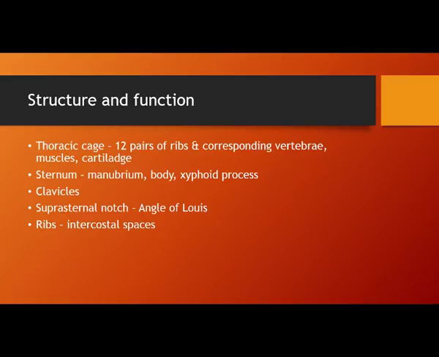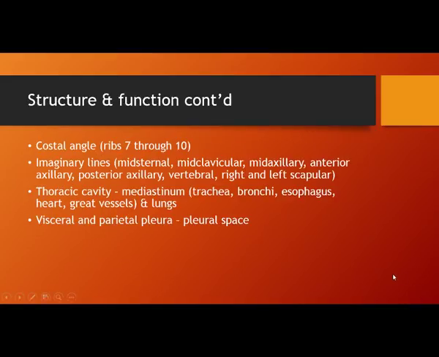Each rib is numbered, and there's an intercostal space just below that rib, so that the first intercostal space is just below the first rib, etc. The costal angle is visible from ribs 7 through 10 anteriorly, and it is the upside down V formed by the rib cage.